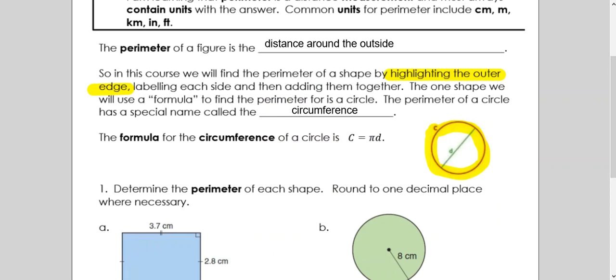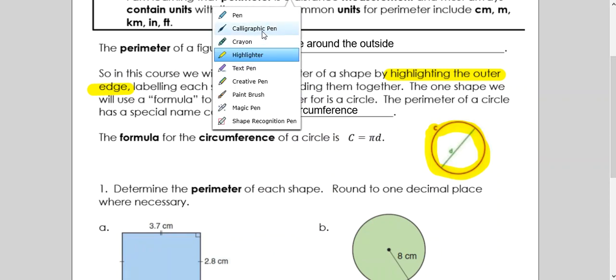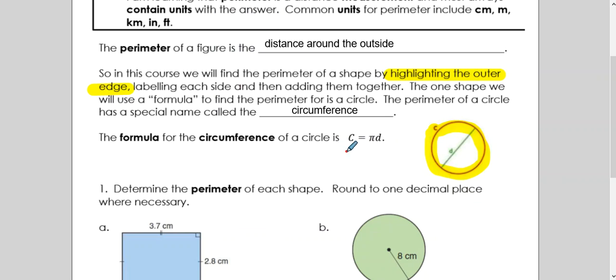One is C equals pi times the diameter, or another one is 2 pi r. The r is the radius and the d is the diameter, and both will work. So that might be the only formula that you have to write down.